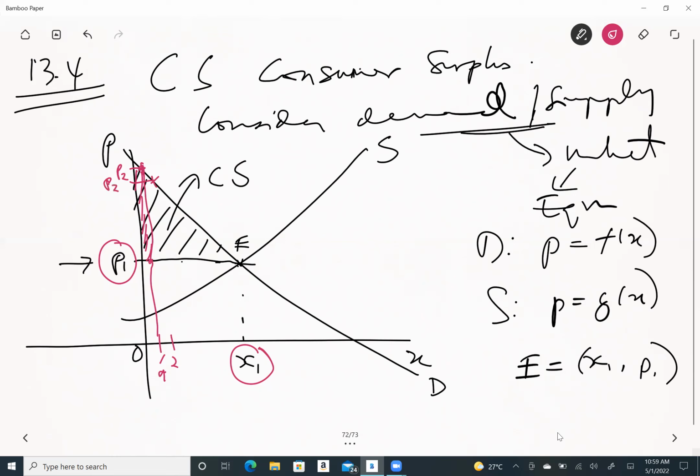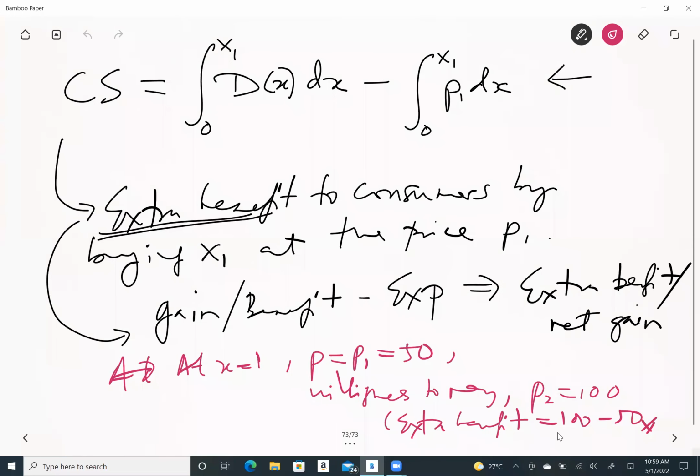But how much did we pay to get X1? You pay only P1. So for the second unit, you pay what? You pay 50. But I evaluate what? P3. So at X equal to 2, the second unit, the price I pay is still P1, 50.